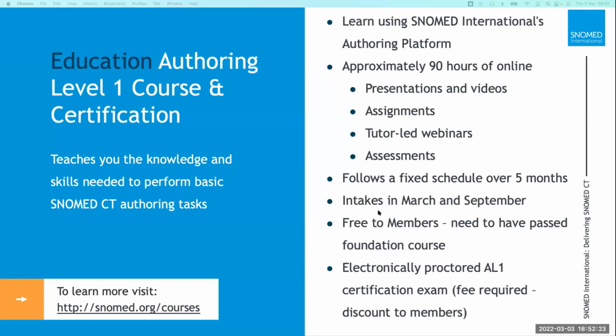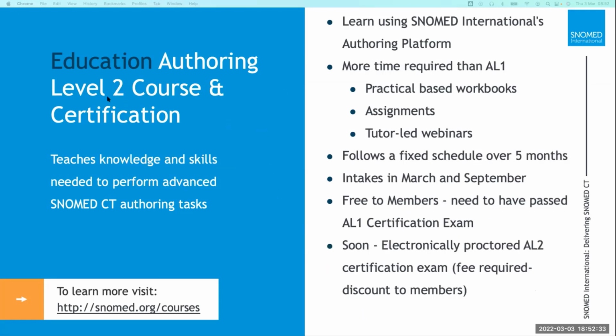And there is a certification element to that as well. So once you've done the course, you could then take an exam and be certified at that level. And we've just started authoring level 2, which is a lot more advanced, a lot more time required. And again, there's a course and a certification. And you can find out about our courses at snomed.org/courses.